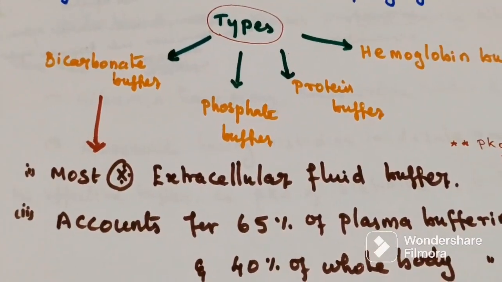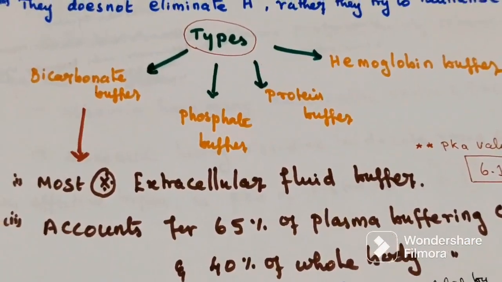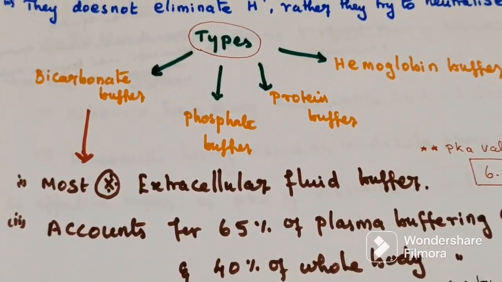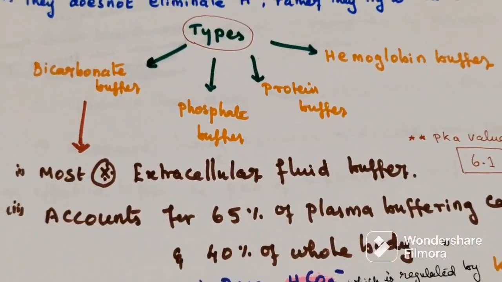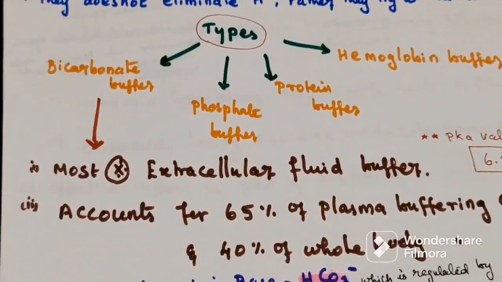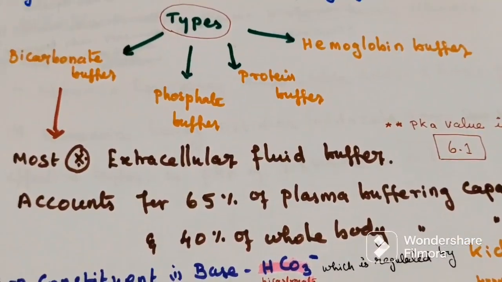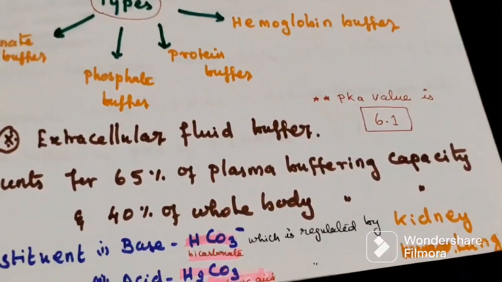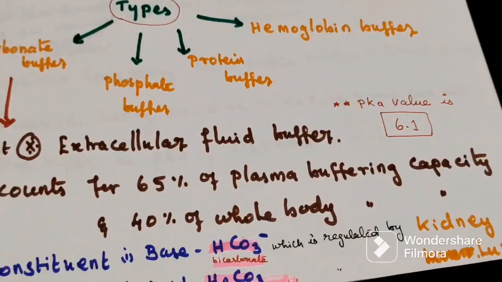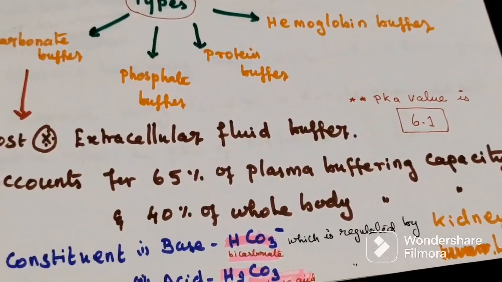It is the most important extracellular fluid buffer, but it can also be an intracellular fluid buffer. It roughly accounts for 65% of plasma buffering capacity and 40% of whole body buffering capacity.